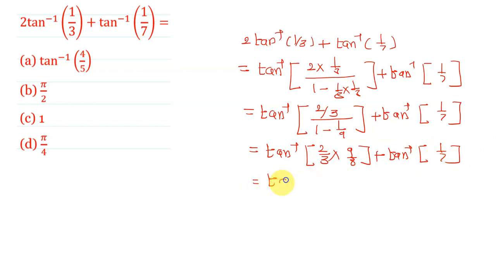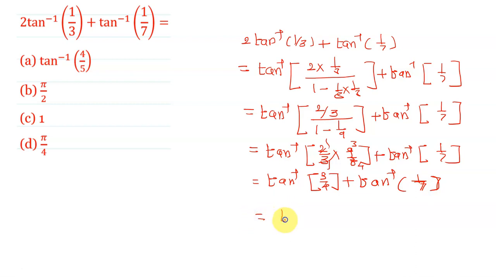Then after simplification you will get tan inverse of 3 by 4 plus tan inverse of 1 upon 7.